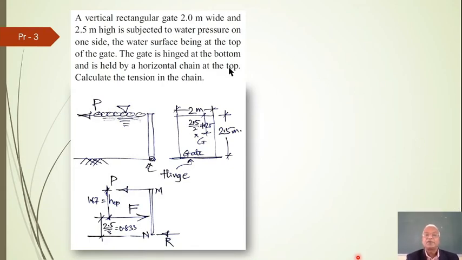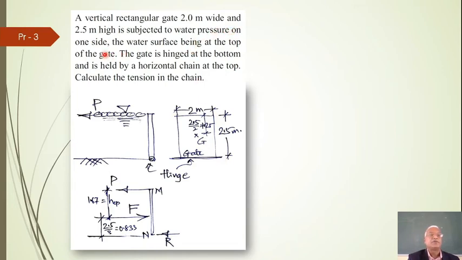Here we are going to discuss the next problem. I'll read the problem for you. A vertical rectangular gate 2 meter wide and 2.5 meter high. It is vertical. This is the edge view. If you look exactly at the front, it looks 2 meter wide, 2.5 meter deep.